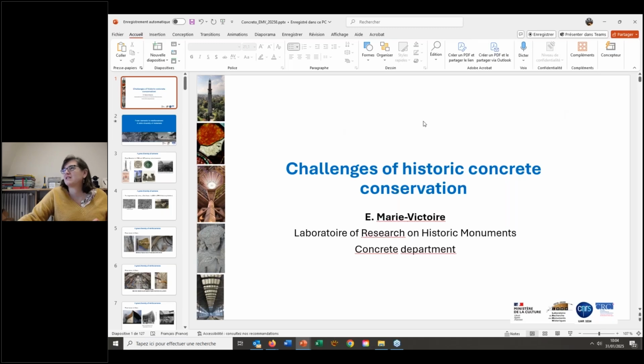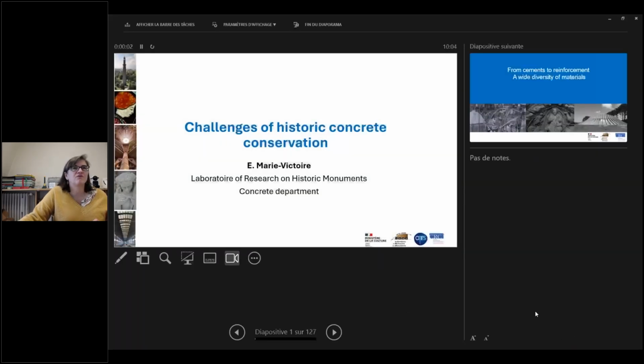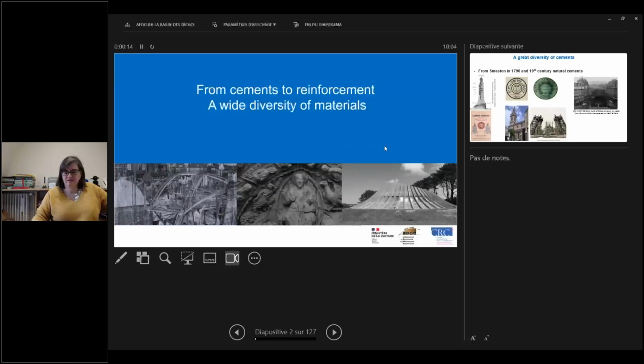I don't know if you can see my screen. Yes, you can, but not in presentation view, full screen yet. Okay, then in presentation view. Hold on. We are seeing the presenter view with the notes. You want to just go back and put it on full screen.